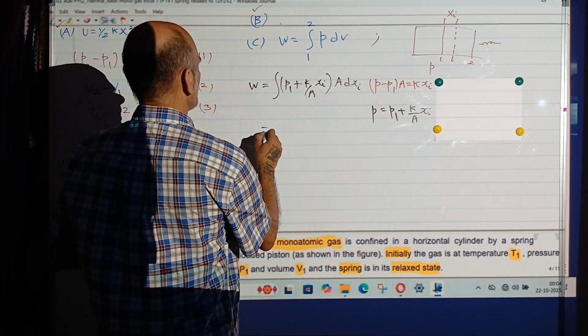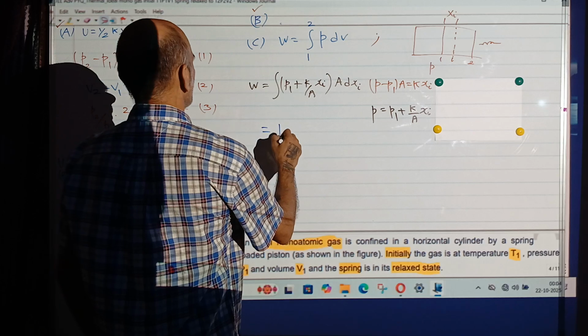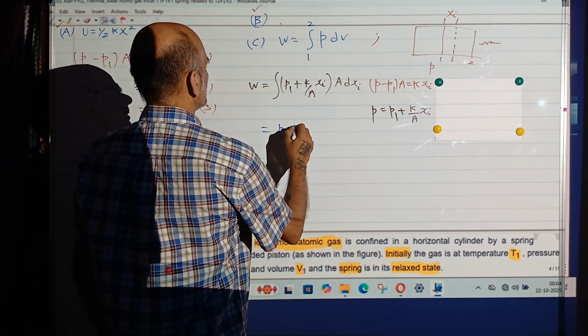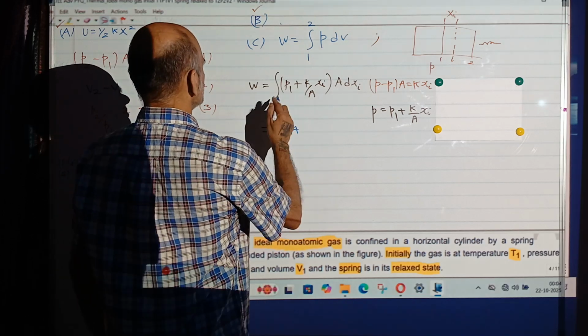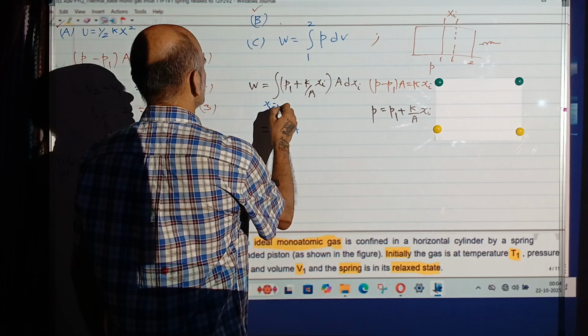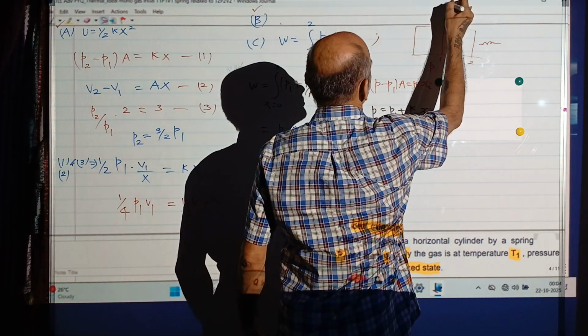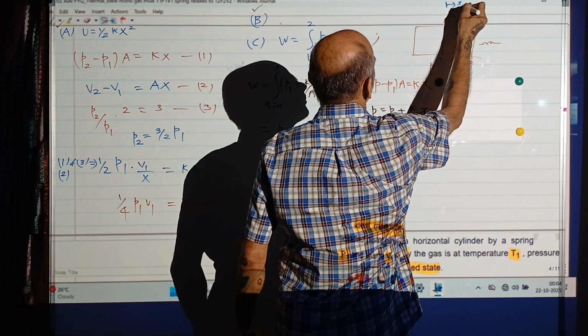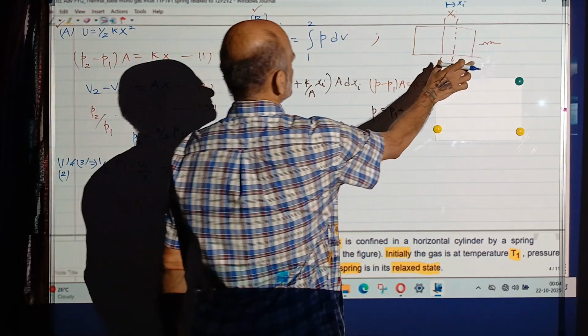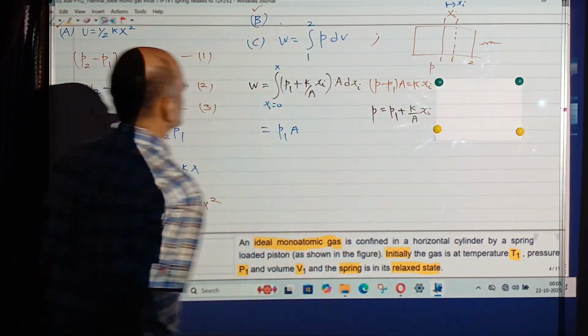So the first term will give me P1 A integral dxi from xi equal to 0 to capital X. Origin of xi is here. So xi will vary from 0 to the total displacement, which is capital X.